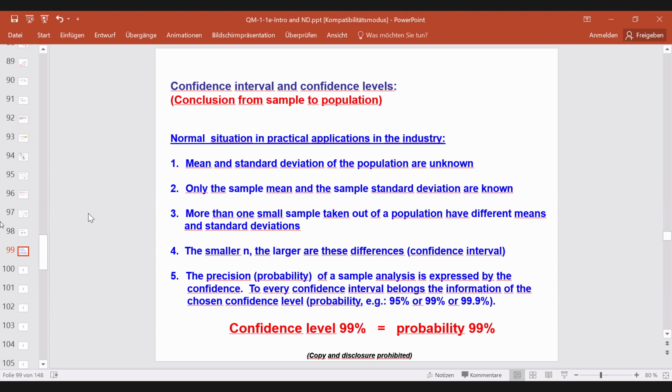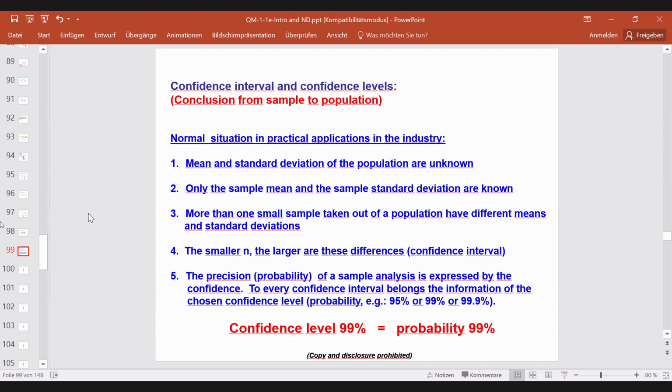This means the mean and the standard deviation of the population are mostly unknown. You have only the sample mean and the sample standard deviation. And you take out a small sample, and then you can do a forecast on the mean and the standard deviation of the population. And this is the confidence interval.